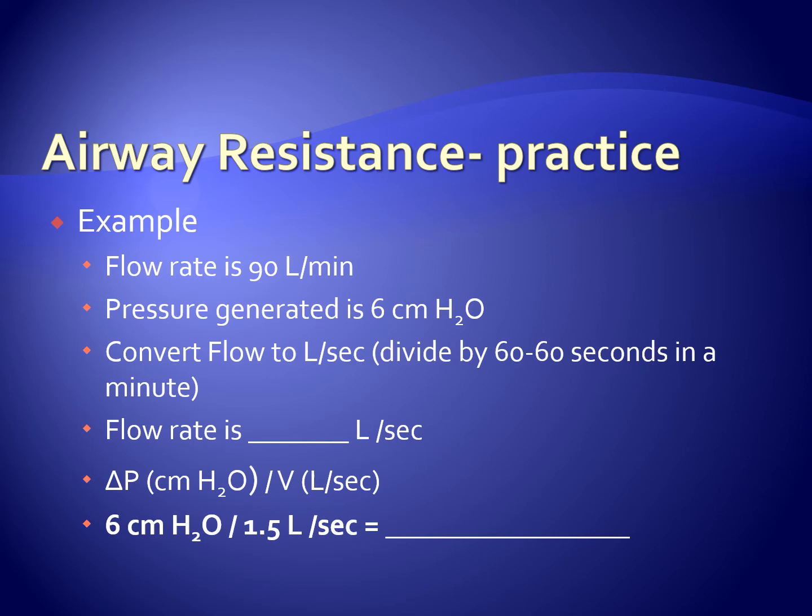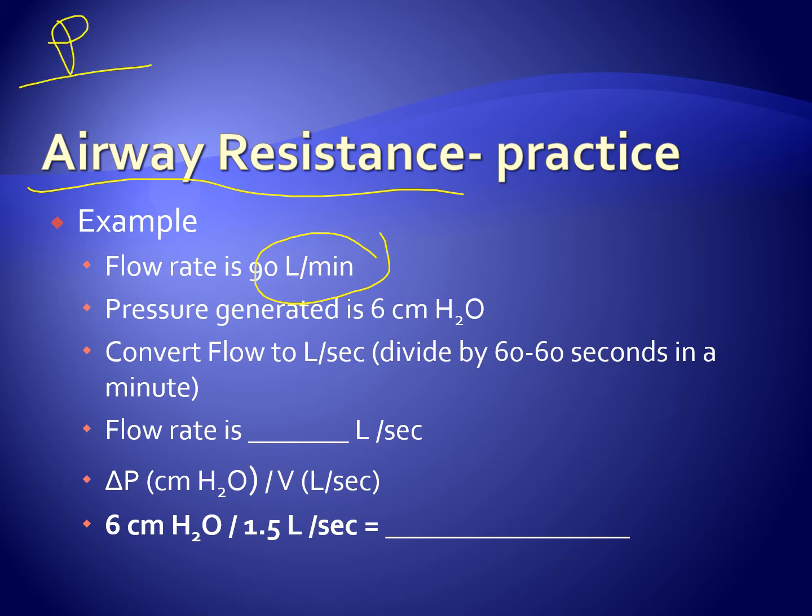So let's do another example. This one's going to be more applicable. Hey, we got a machine, a pulmonary function machine, and it records the flow rate at 90 liters per minute. Okay, that's more realistic of what you'll see in the world, because that's how it's done usually. All right, so before I do this, I know I'm being asked to calculate airway resistance. Well, what's my calculation?